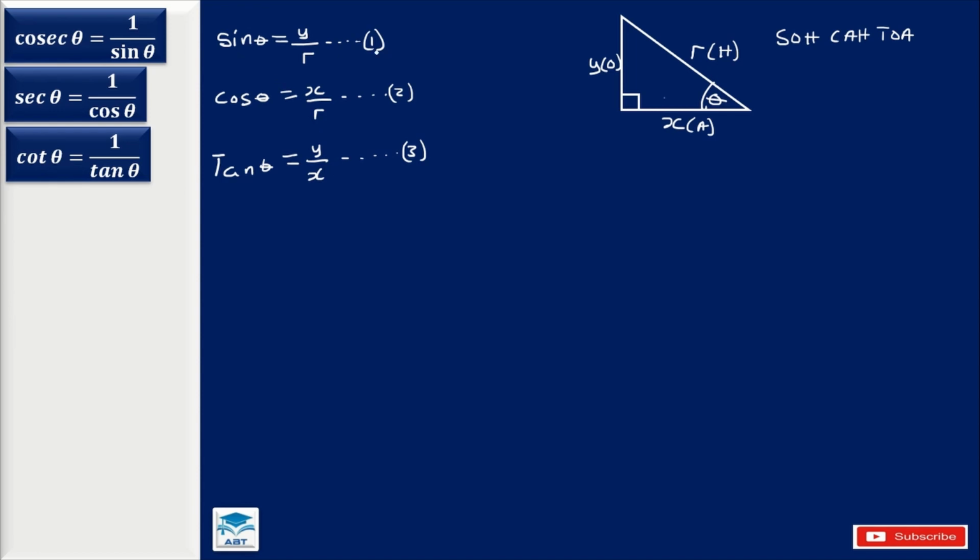Let's divide equation 1 by equation 2. That will be sine theta divided by cos theta is equal to y divided by r divided by x over r.